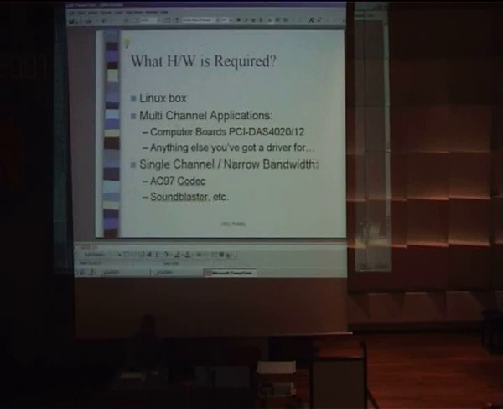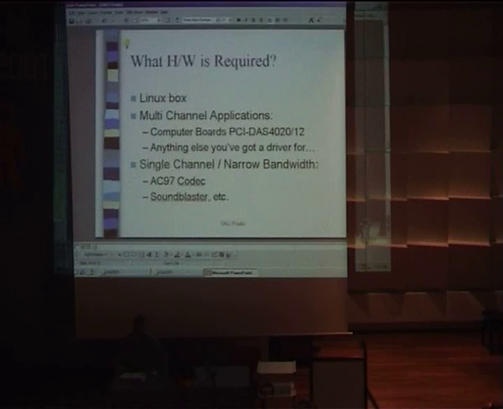You may have heard about people who got pager demodulators working with their scanners. That same strategy would work. In that case, you basically end up using a Sound Blaster, something that is an accepted codec, and you're feeding it a much smaller bandwidth signal. But either of these two solutions gets you into the game. There are different things possible with the two. One gives you more flexibility to use the software resources.